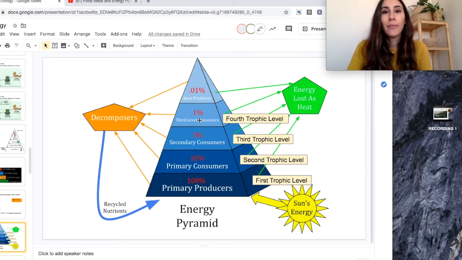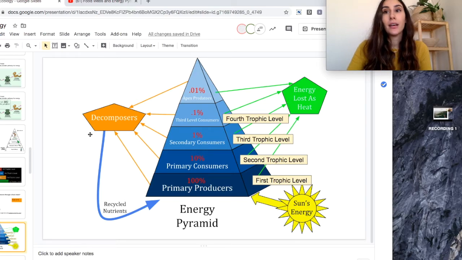For those who hate math, this might be a bit complicated, but trust me, it's not that hard. I'll break it down into even simpler form once we start looking at a specific example next, all right? Now, you'll notice that we have the decomposers, right? Why do we have the decomposers here to the side?